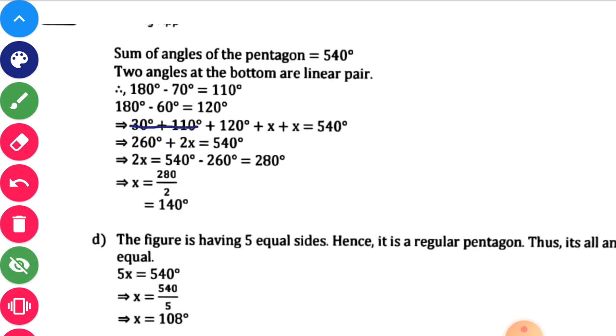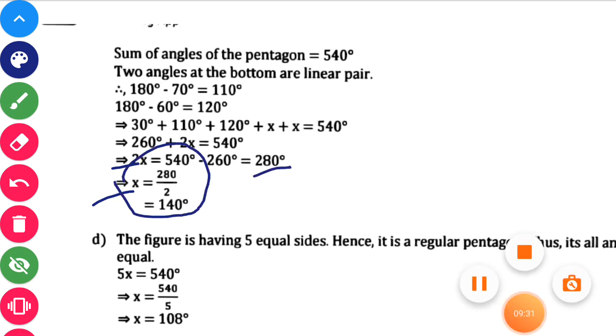So 30 plus 110 plus 120 is equal to 260 degrees. x plus x is equal to 2x. So 260 plus 2x is equal to 540. So 2x is equal to 540 minus 260, so 2x is equal to 280. x is equal to 280 divided by 2, which is 140 degrees.